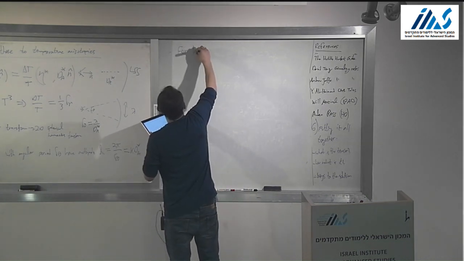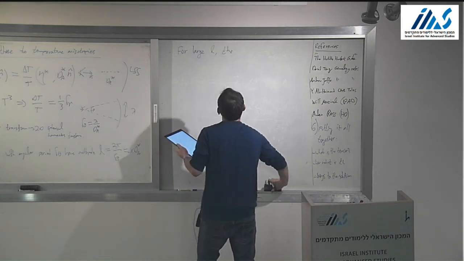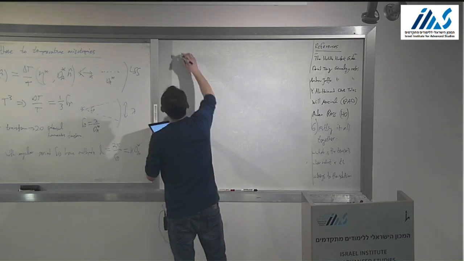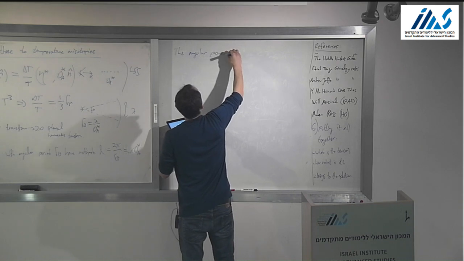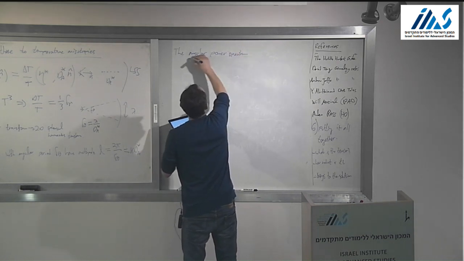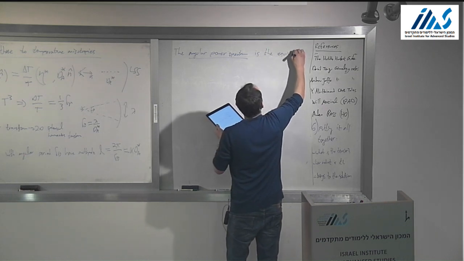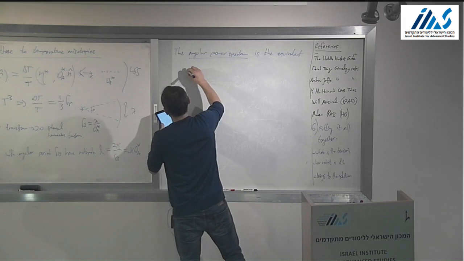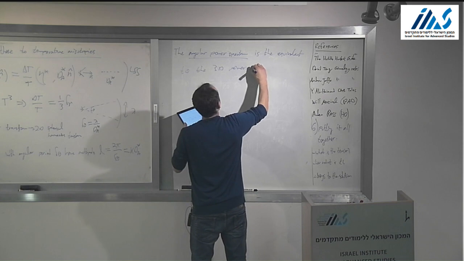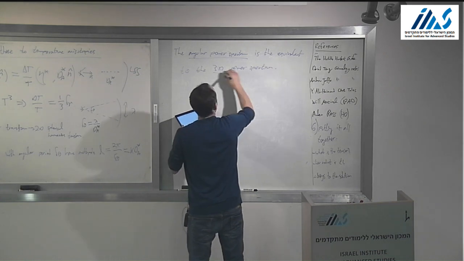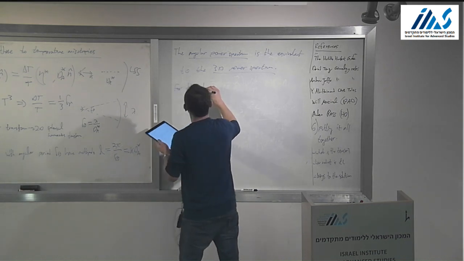Two more lines and I'm done for today. For large L, I should say just that the angular power spectrum is the equivalent quantity to the 3D power spectrum. And for large L means large k.